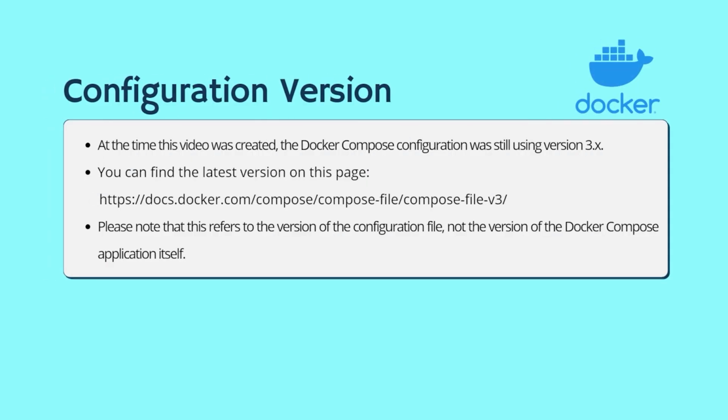At the time this video was created, the Docker Compose configuration was still using version 3. You can find the latest version on docs.docker.com. Please note that this refers to the version of the configuration file, not the version of the Docker Compose application itself.